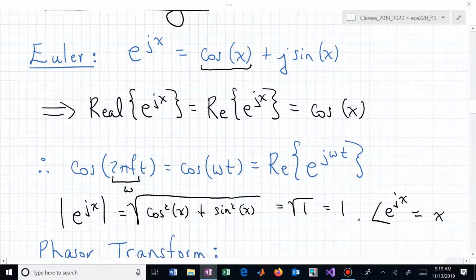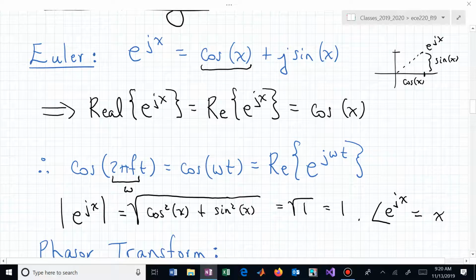And you could see that if you simply said, here is e to the jx, but now this is cosine of x, and this is sine of x, that distance. And that particular angle is x.